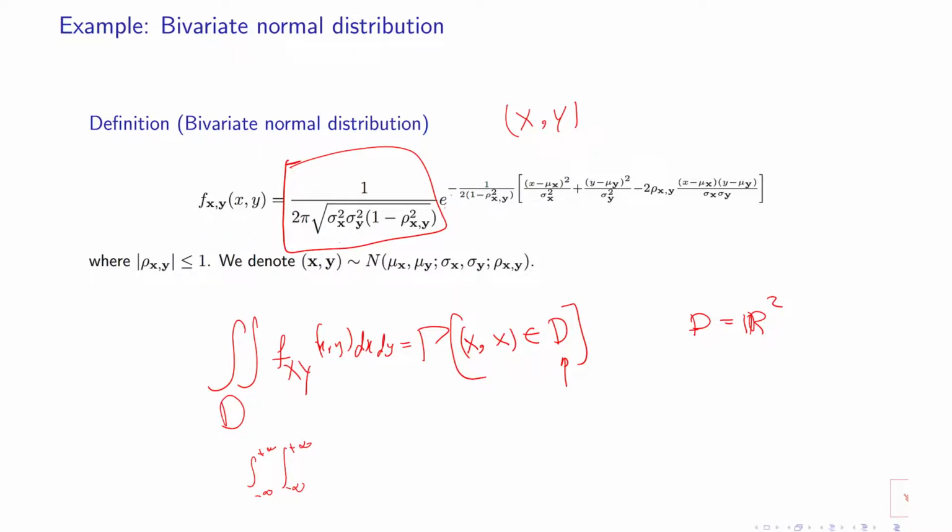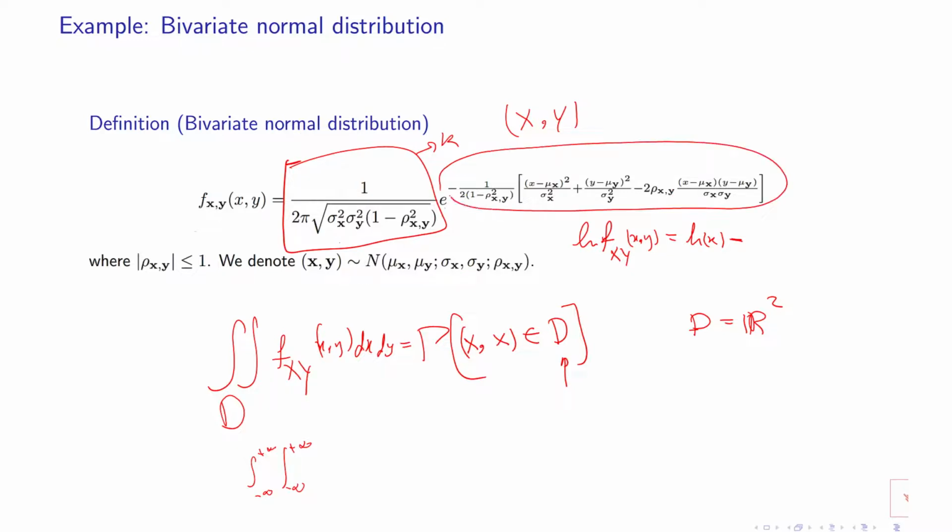Now you see that there is e to the power of something. If I take the log of the joint PDF, you will see that ln of f(x,y) of x and y becomes ln of this constant. Let's say this constant is k, so I get ln of k, and then minus 1 over 2(1 minus rho squared) times the bracket (x minus mu x) to the power of 2 divided by this, and so on.